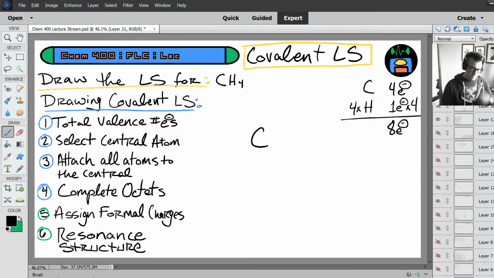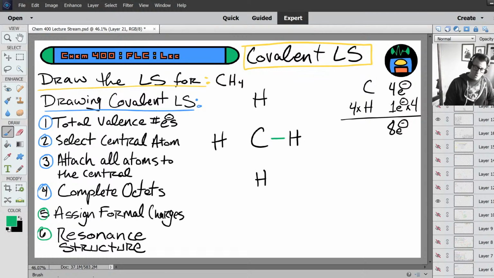We've done step 1, total our valence electrons. Step 2, we've selected our central atom. Step 3, we need to attach all our other atoms to our central atom. All right, now how do we do that? Well, the way you attach atoms together is you got to make a bond, right?